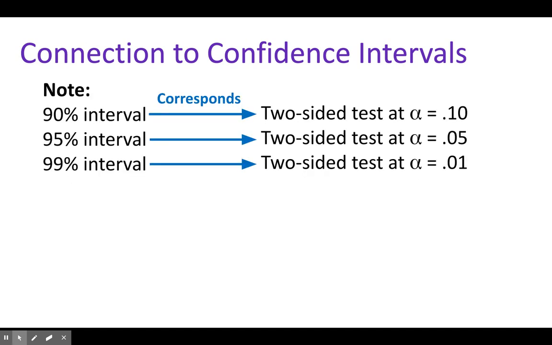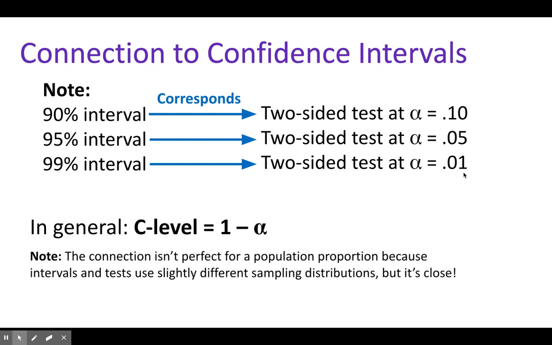Just to connect it to confidence intervals, a 90% interval corresponds to a two-sided test with an alpha level of 0.1. Think about that: 90% is capturing everything between two numbers, so the information at the tails is 10%. A 95% interval would be a two-sided test with an alpha level of 0.05, and 99% corresponds to a two-sided test with an alpha level of 0.01.